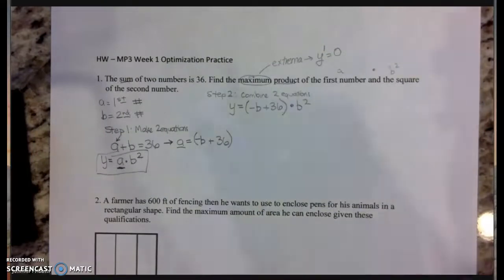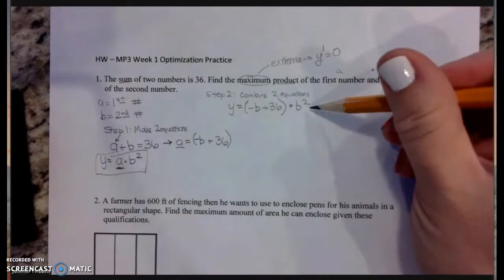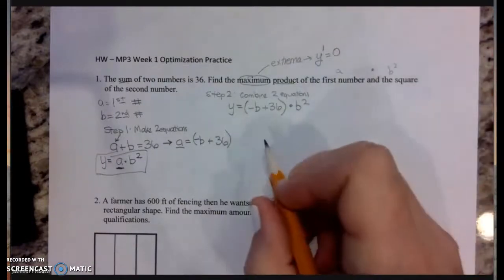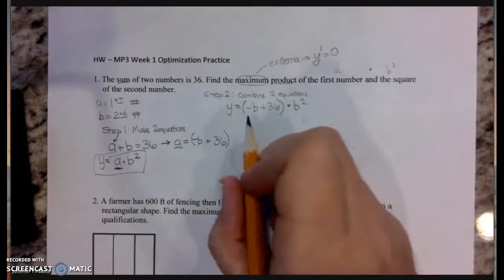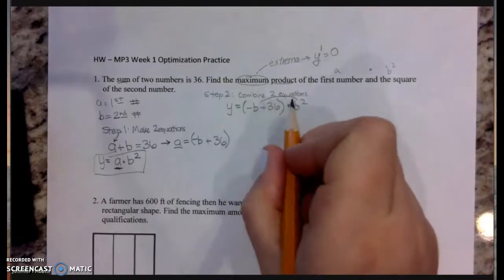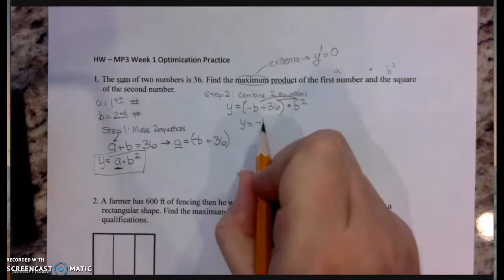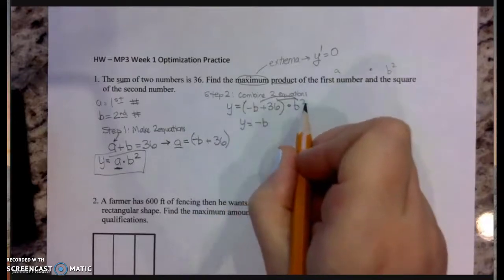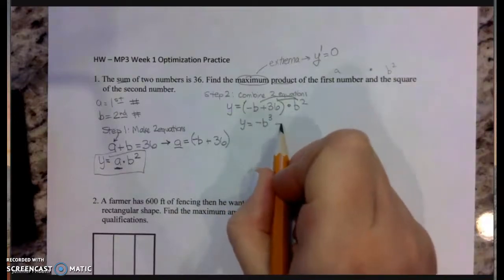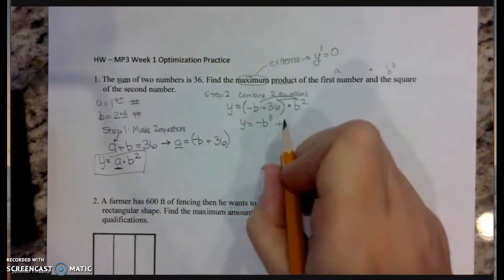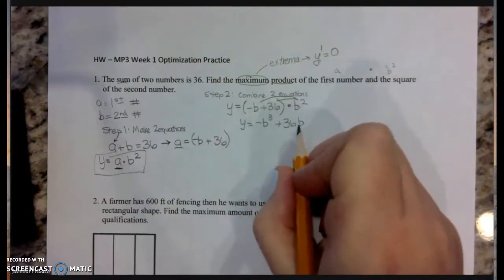And now, once I simplify this, I can solve it really nicely by taking the derivative. So I'm going to distribute out this B squared. So Y equals negative B with two more powers will be B cubed, and 36 will get the B squared.